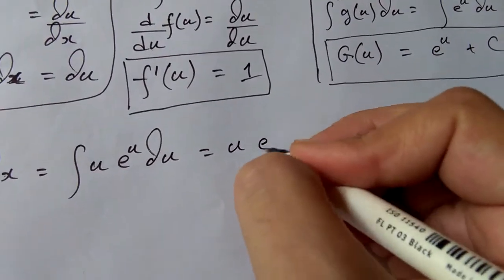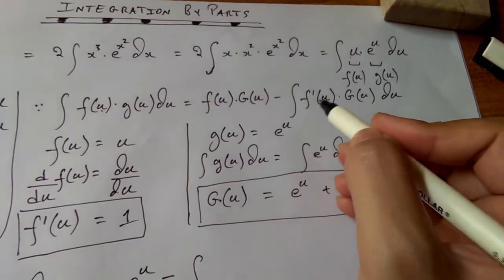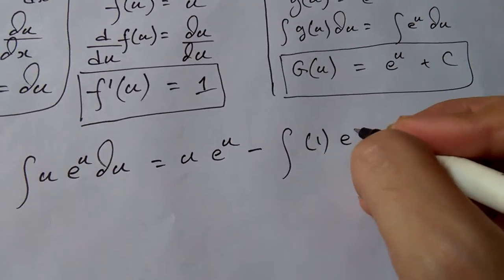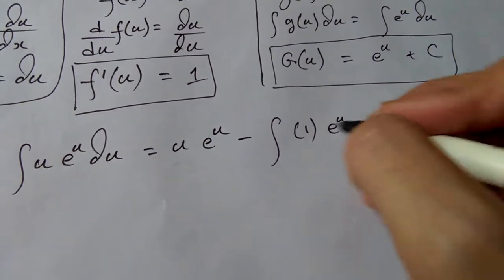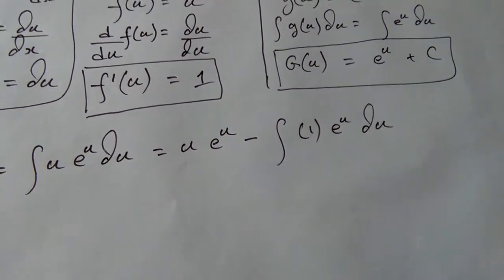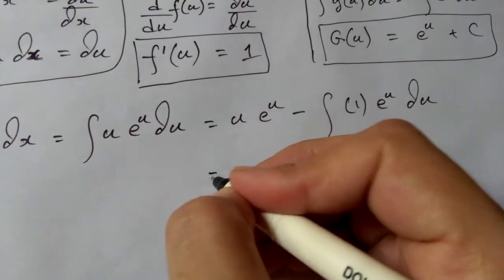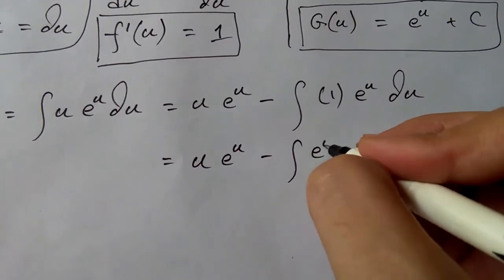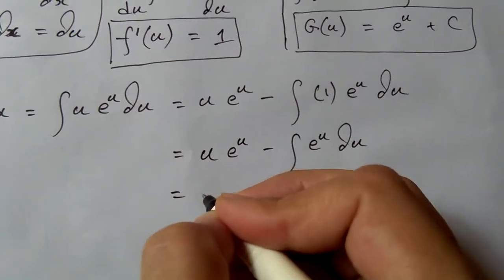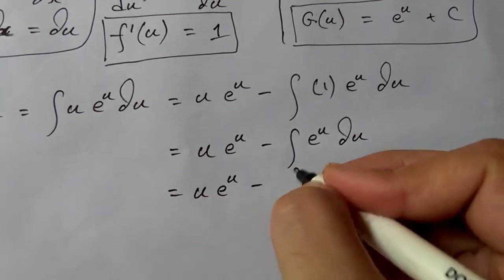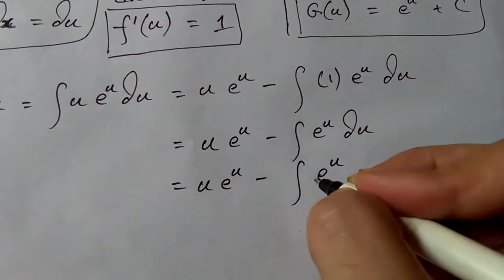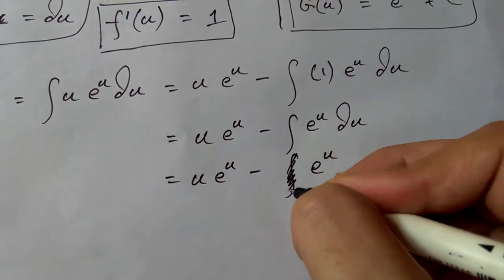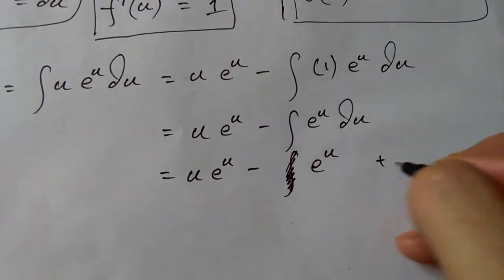Just write it, minus integral f dash u is your 1, g of u is e of u. So it is 1 and e of u. No need to write the constant here because the process is going on. That's it. Okay, so integral of e of u is e of u itself. So plus some constant.